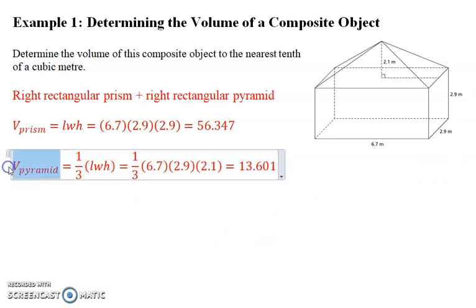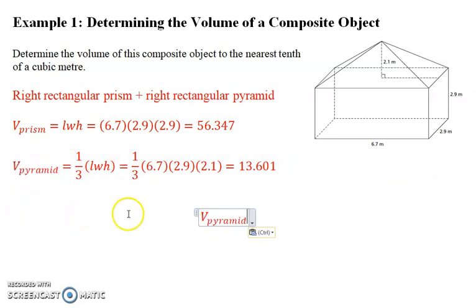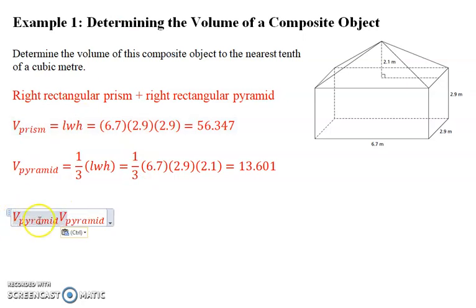So then we say that the volume total is equal to the volume of the prism plus the volume of the pyramid, right?